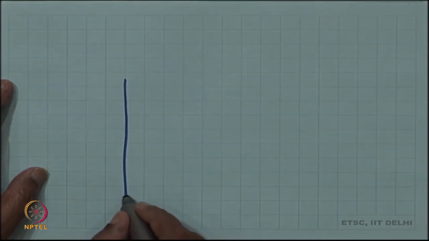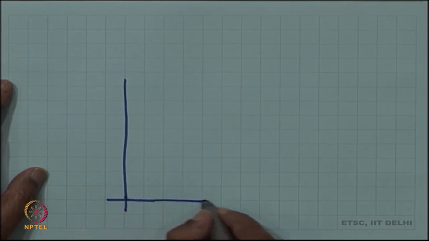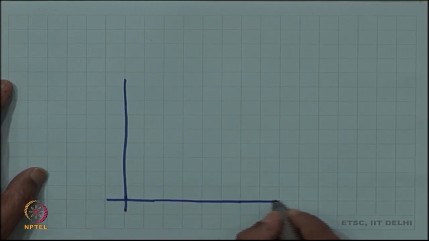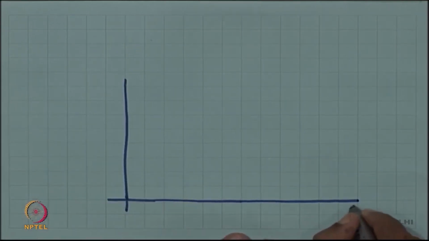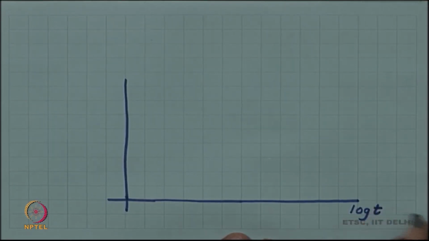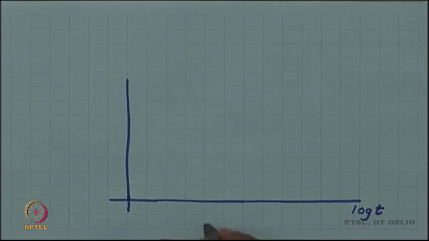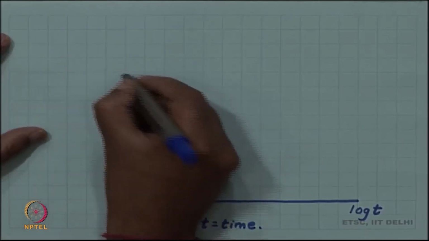So, the y axis is the temperature axis and the x axis is the time axis, and generally the time is given in logarithmic scale. So, we have log t. And here we have temperature.